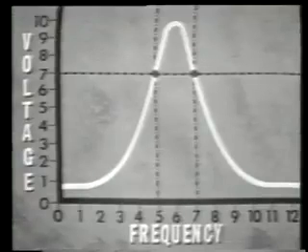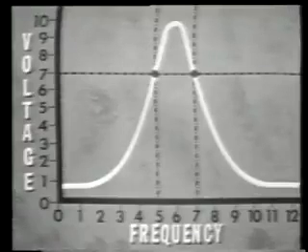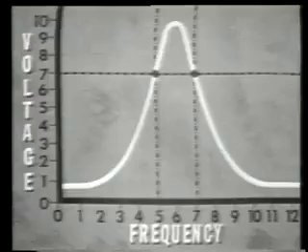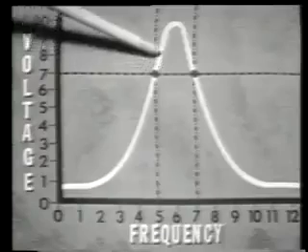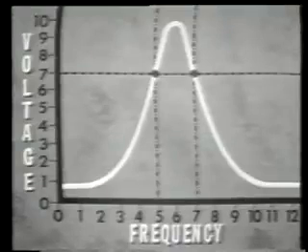So 500 hertz and 700 hertz are the cutoff frequencies, and the bandpass of this filter is 500 to 700 hertz. The bandwidth is 200 hertz. These frequencies are in the bandpass of this filter. All those above and below the cutoff frequencies are in the attenuation band.